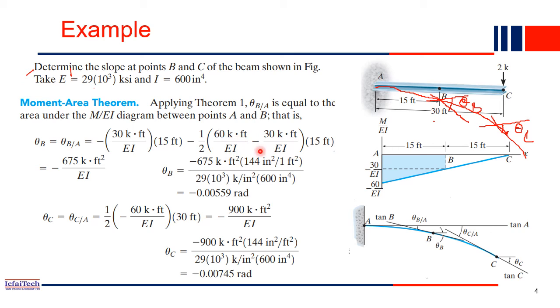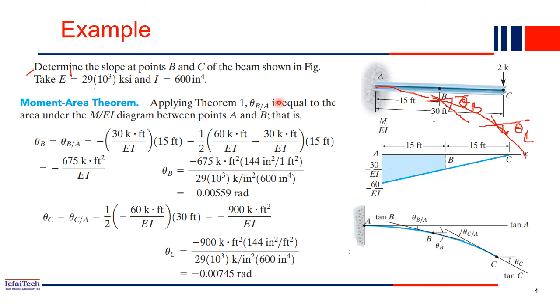So 60 by EI minus 30 by EI is the height. This one is the rectangular part and this one is the triangular part. If you combine both, you will get the final theta B, this much radian, right? Theta B is a slope, so you have to convert it into degrees or keep it in radians. That much is the slope at theta B, right?